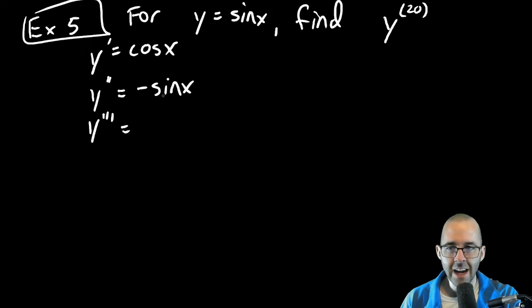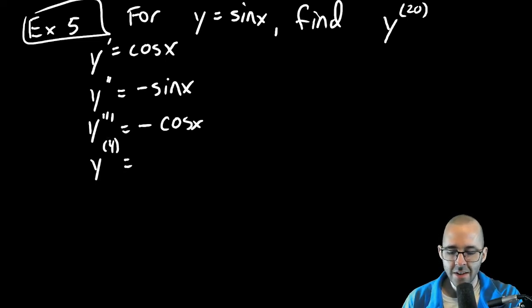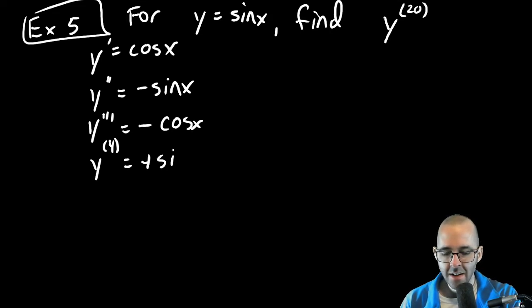What's the derivative of negative sine? Well, the negative comes out in front. It's just, what is the derivative of sine of x? Derivative of sine of x is cosine of x. Okay, well, that brings us to the fourth derivative. The negative comes out in front. Derivative of cosine is negative sine. So it turns it into a positive.